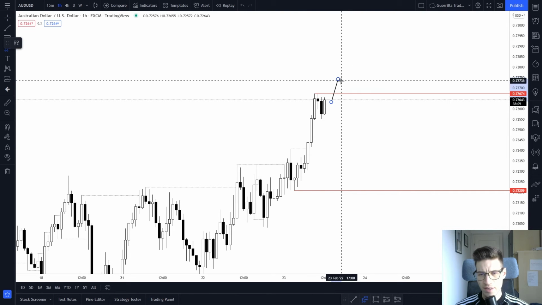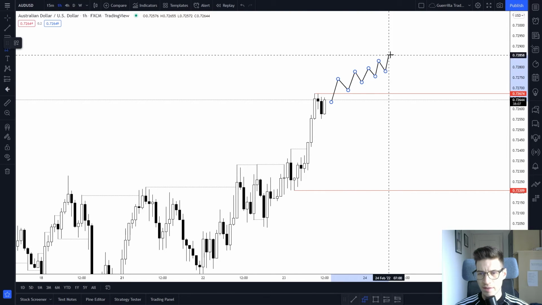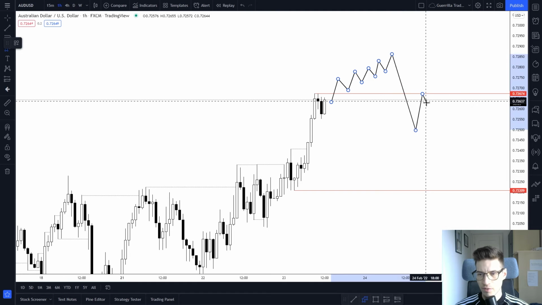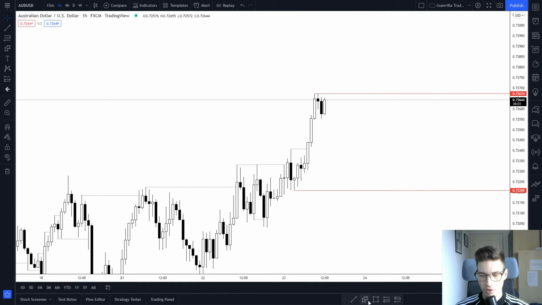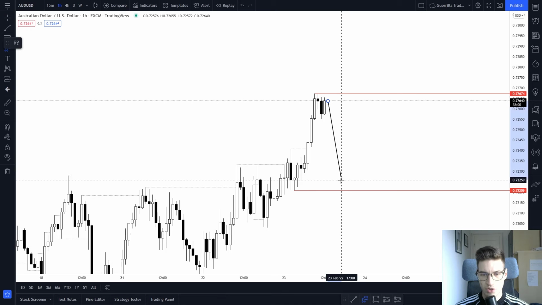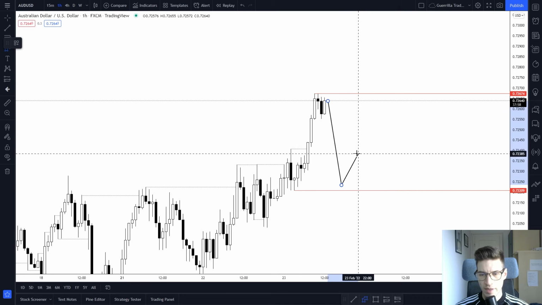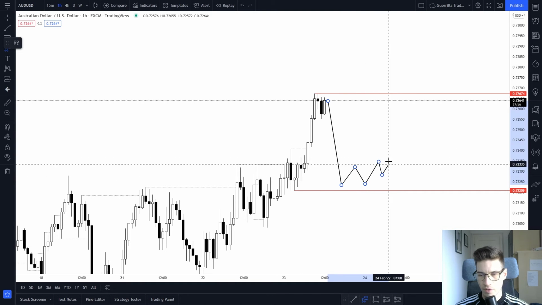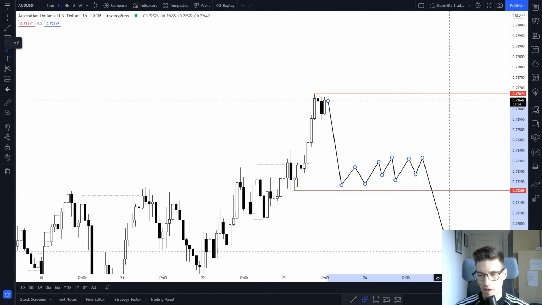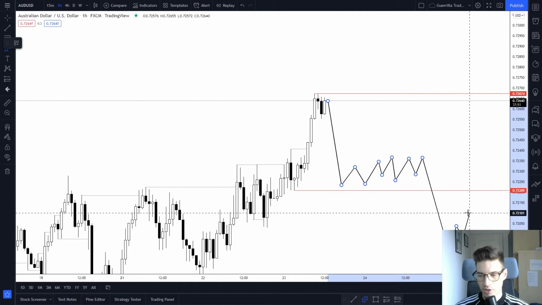What can happen, we can start to ascend, signaling that this move is exhausted, and then look for a reversal and a short trade, or we can just shoot to the downside from here and then get this V reversal, look for a range, continuation in this direction of the second leg.